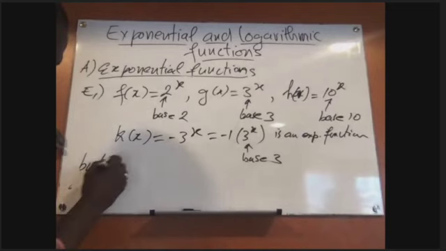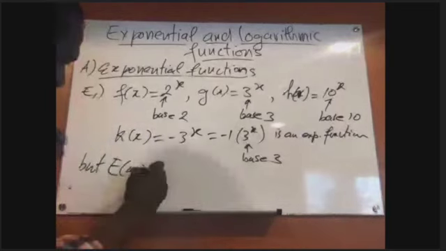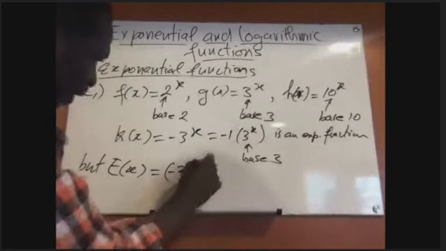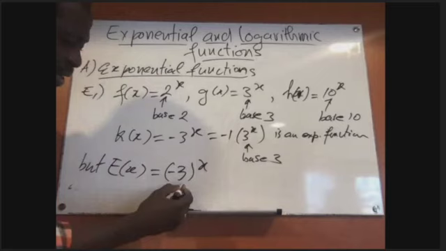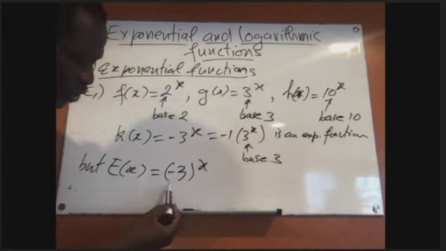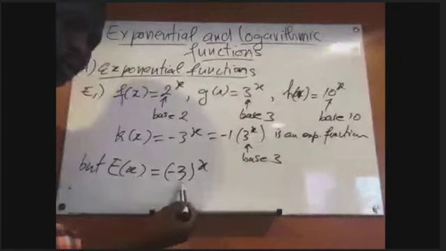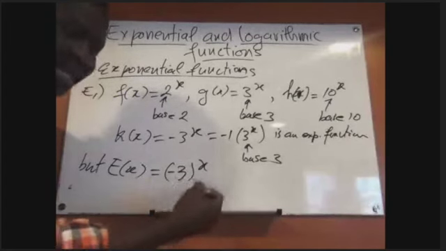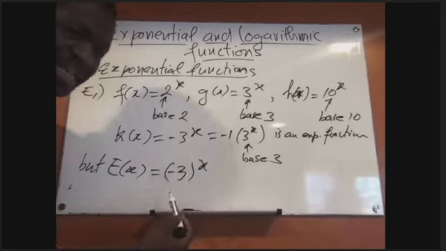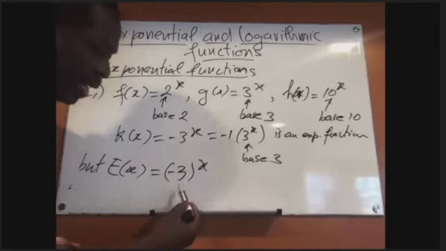But if you have something like this, negative 3 in parentheses to the x, this is not an exponential function, Alexandra. The parentheses play a huge role here. With the parentheses, the base is negative 3, and there is no such thing as an exponential function with a negative base.